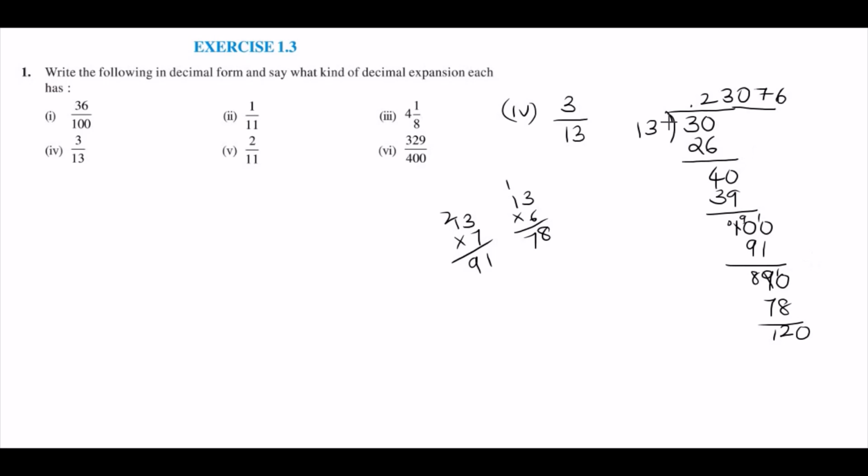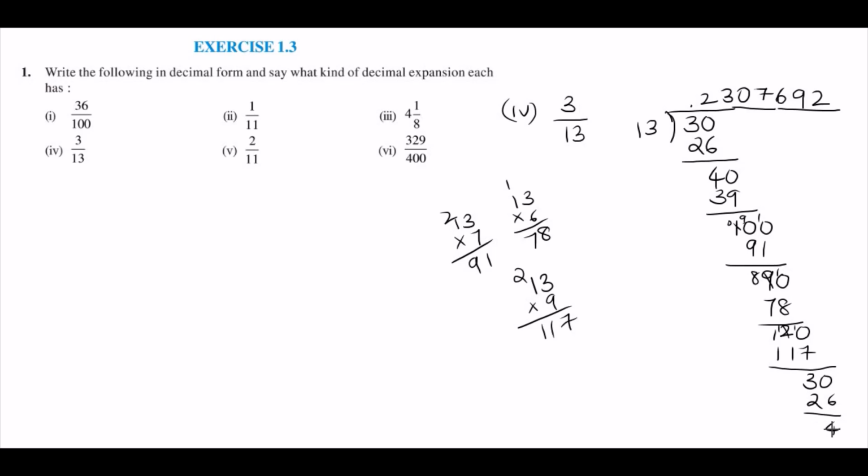So in 120, 13 goes 9 times. That is 117. So you get 3. So in 30, 13 goes twice, that is 26. So the remainder is 4.